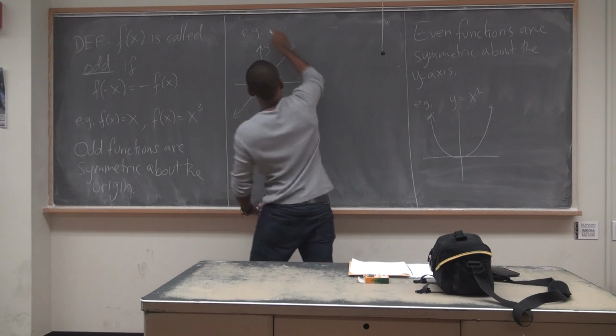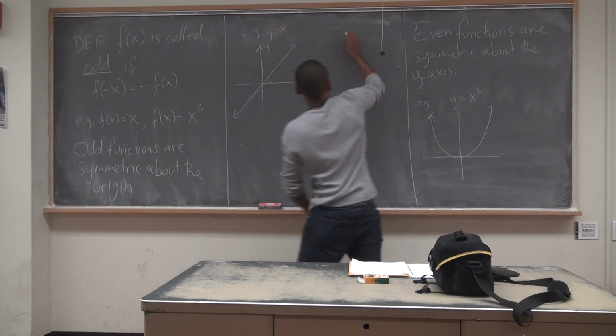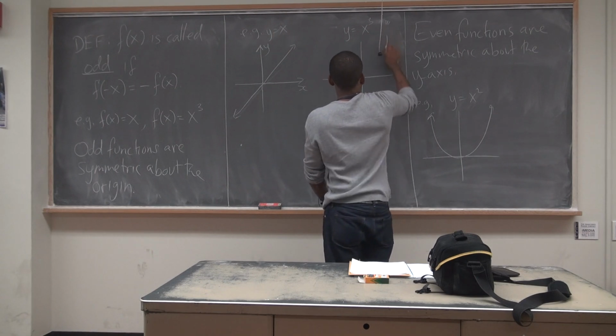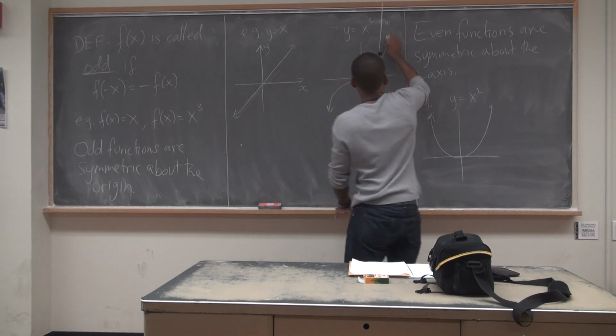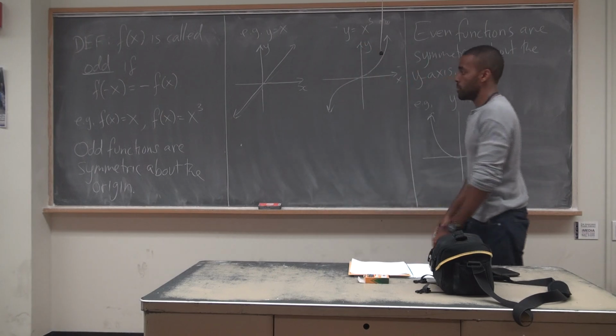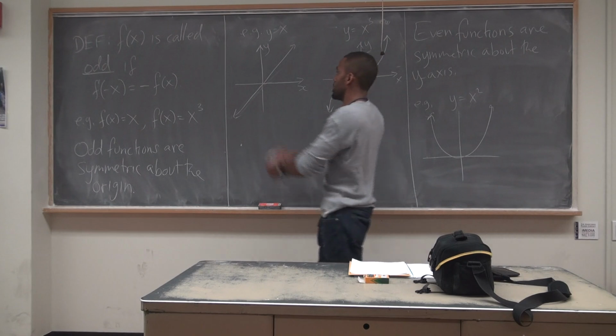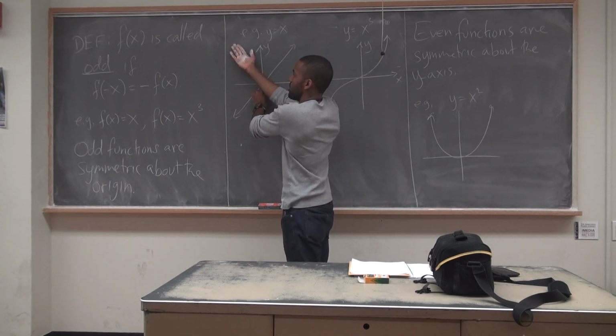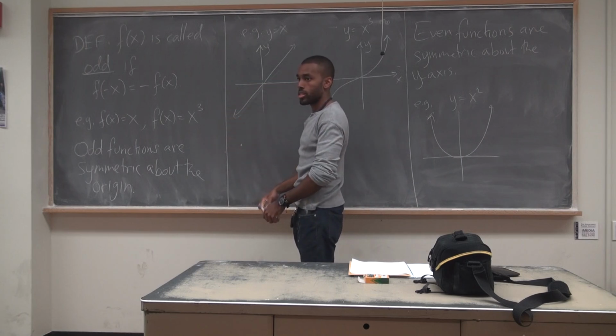Here's the graph of y equals x. Here's the graph of y equals x cubed. Symmetric about the origin means if you take the right side, flip it in the y, and then take that and flip it in the x, you get the other side.